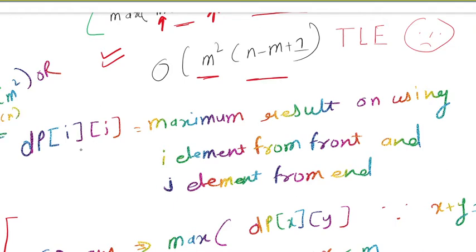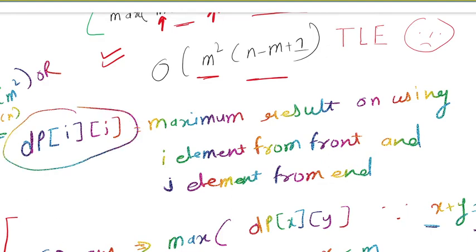So let me define a DP, where dp[i][j] indicates the maximum result one can get on using i elements from the start and j elements from the end. Obviously, your answer will be dp[x][y], where x plus y should be equal to m, since we are using m steps, right?